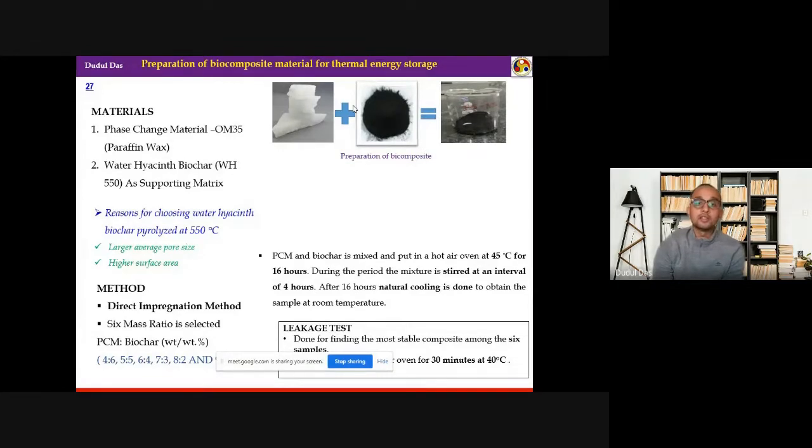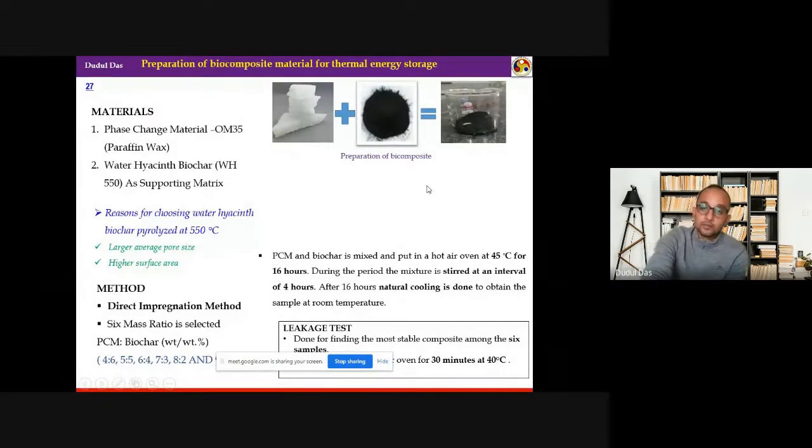And then we mixed this biochar along with PCM, and kept it inside an oven at around 45 degrees centigrade for 16 hours, because this PCM has a melting point of around 35. If we have to use some PCM of around 100 degrees centigrade, then obviously the oven has to be kept at a temperature above 100 degrees centigrade.